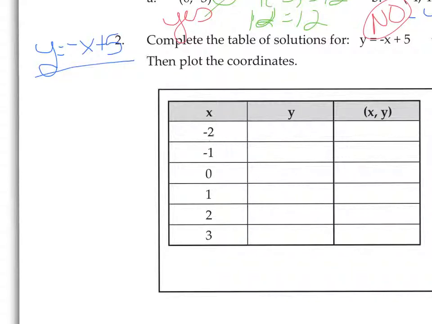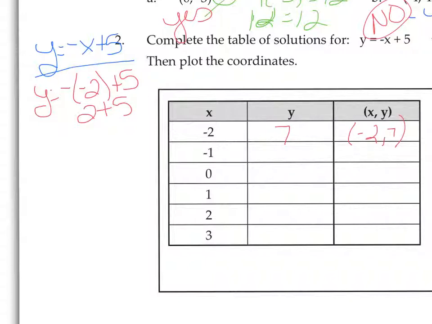We're going to plug in negative 2 for x. That would be y equals negative x, or negative negative 2 plus 5, which is positive 2 plus 5, which makes 7. So this is one ordered pair. And then we have y equals negative negative 1 plus 5, which is positive 1 plus 5, which makes 6.